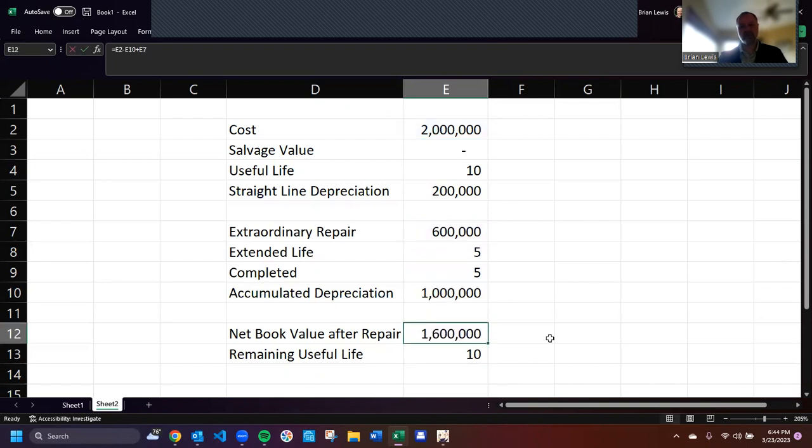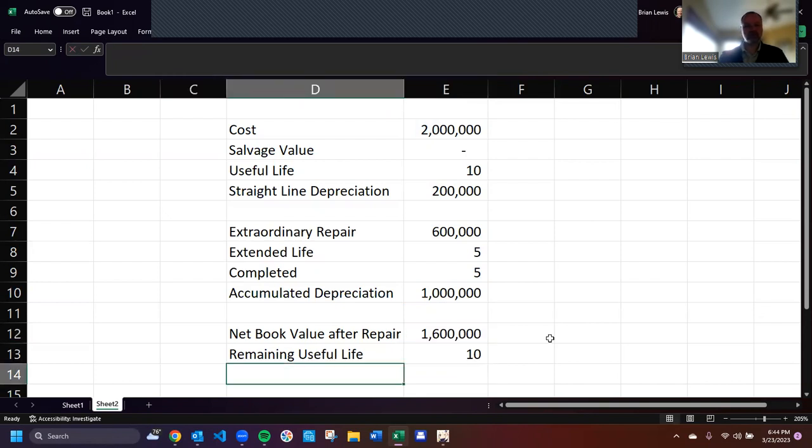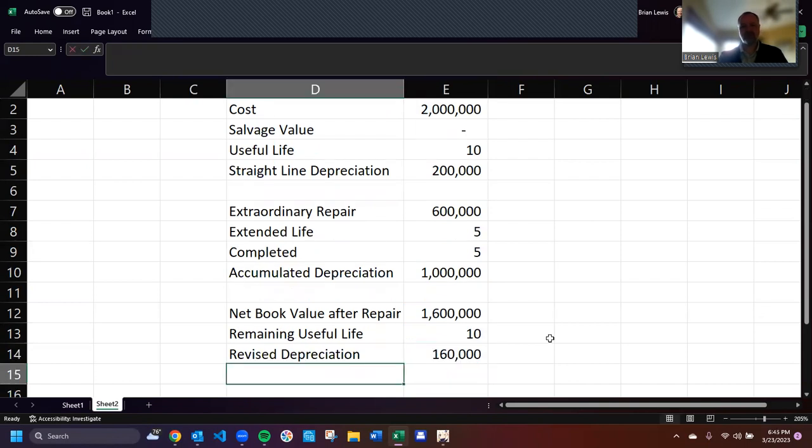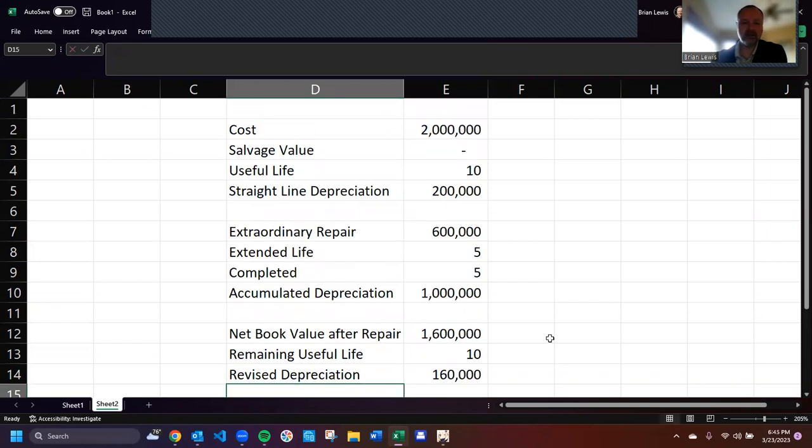So you have $1,600,000 divided by 10. So your revised depreciation per year is the net book value divided by the remaining useful life. Now that's in a simple scenario.